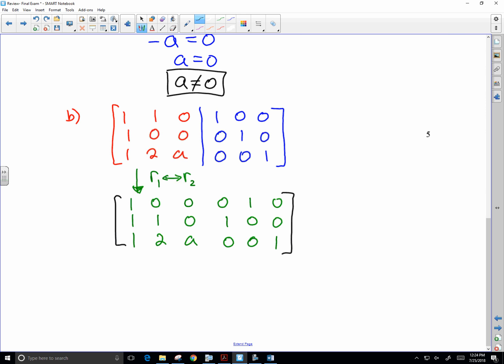All right. I'm good, obviously, in row 1. In row 2, I can get rid of the first entry here by doing a negative R1 plus R2.